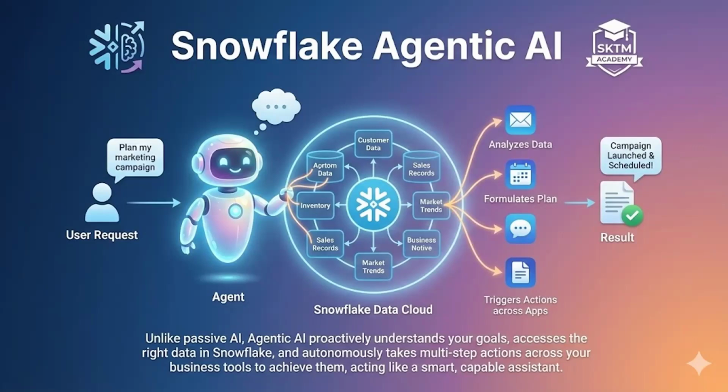To some level that is fine, but it is not a 100% chatbot. Unlike passive AI earlier, agentic AI is a proactive responder which will understand the objectives of the user and then provide the right information.